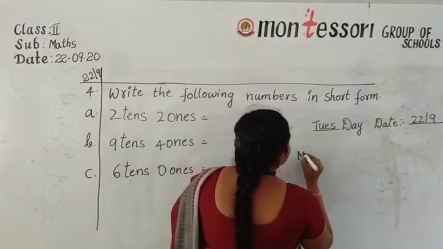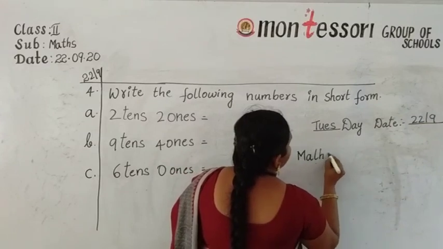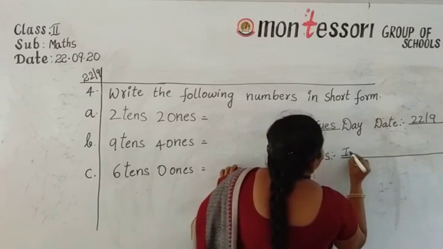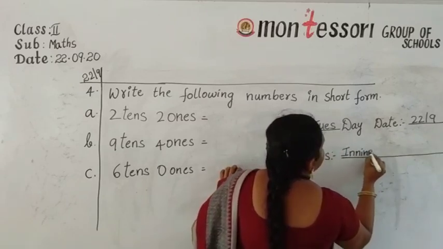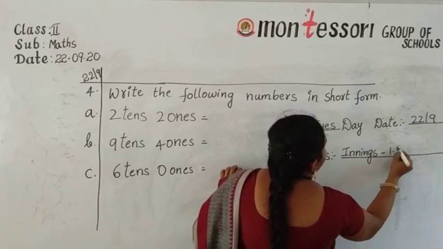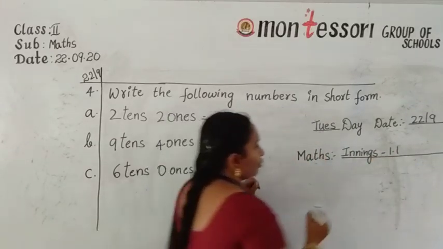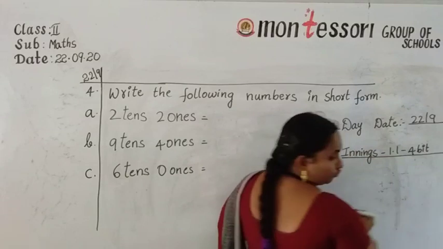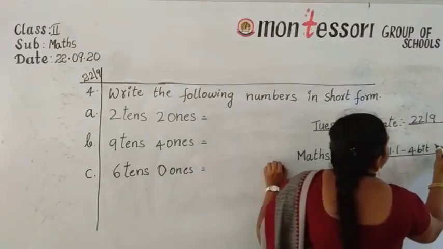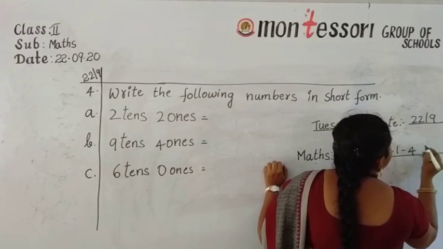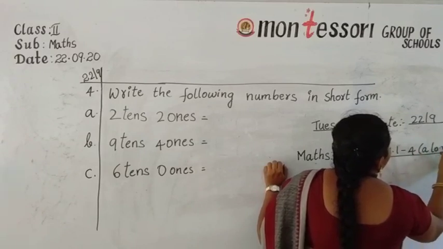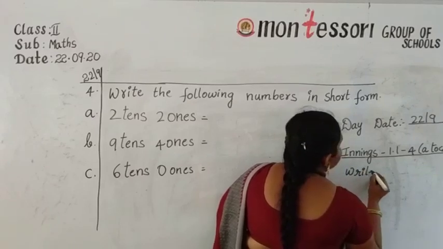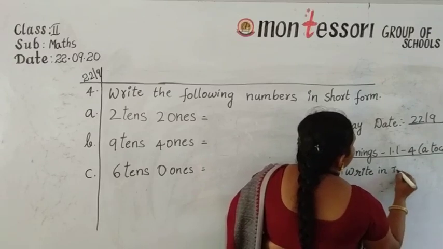And today's maths diary work: Innings 1.1, fourth bit A to C. Write in textbook.